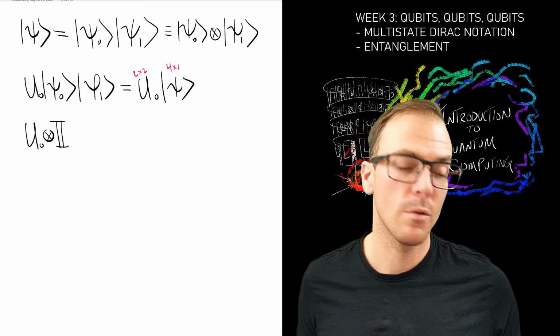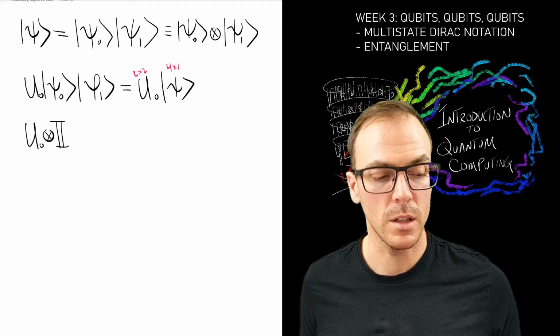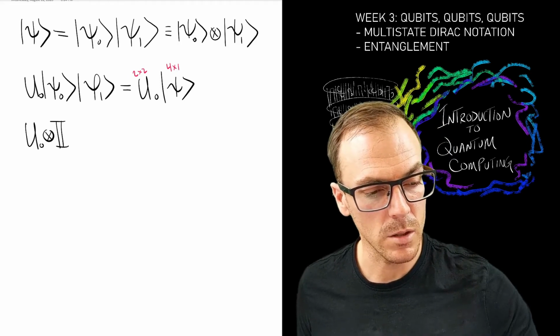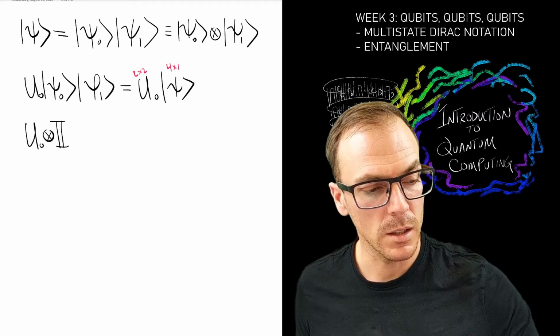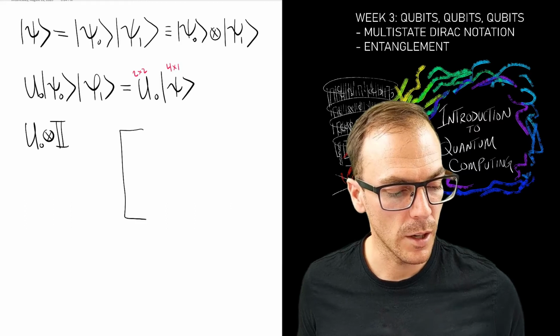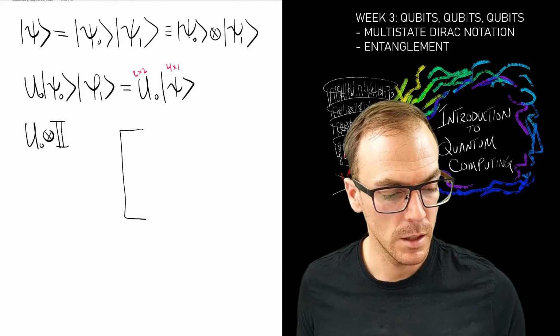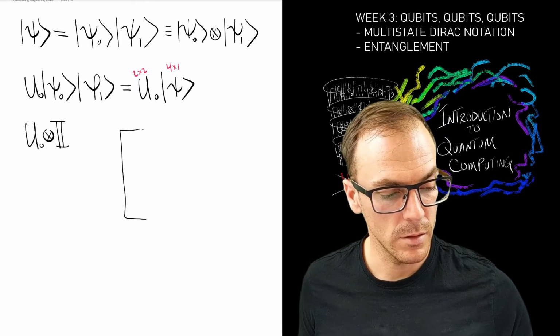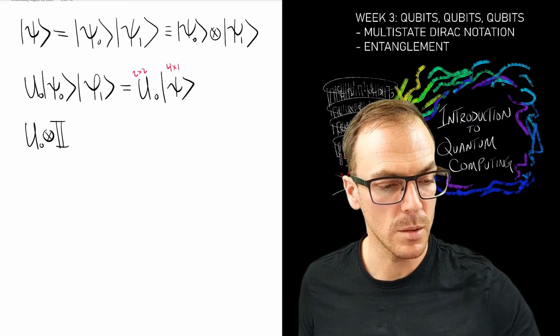but I won't write down all of the components. There's 4 for the first one, 4 for the second one, so there have to be 16, which is a pain. So let's just write down the framework for it. Let's give these some names just to be clear.